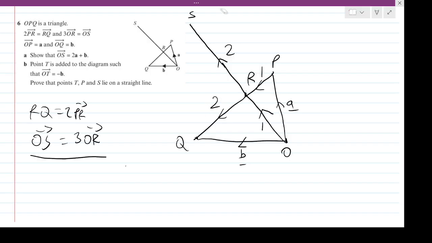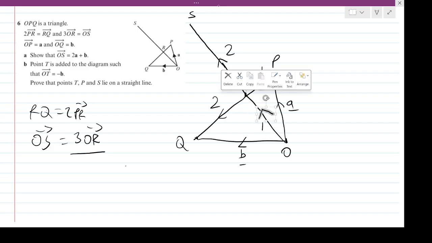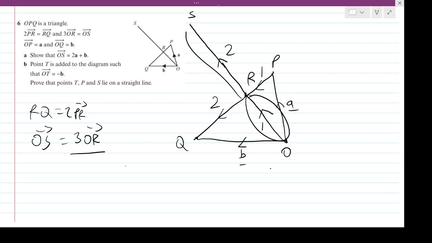And likewise, I have OS, the vector from O to S, which is this massive line here, that's going to be 3 lots of O to R. So O to R is one part, then O to S is going to be 3 parts. So O to R, and then R to S, that's going to be another 2 more parts to get 3 overall, okay?